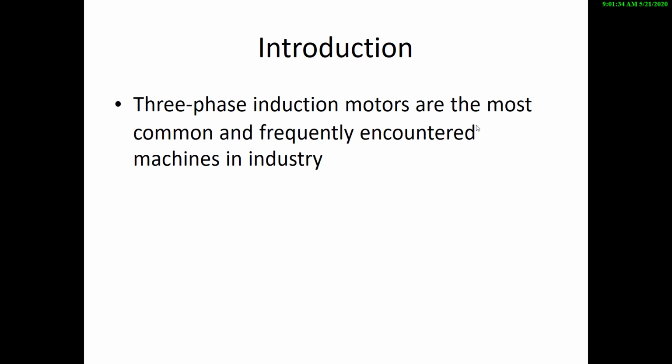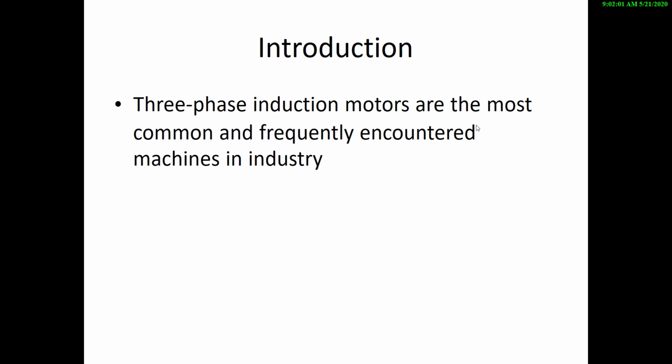Induction motors are the most common and frequently encountered machines in industry. In general, a motor has the principle that the conversion of electric power into mechanical power takes place in a rotating part of the electric motor. In a DC motor, electric power is conducted directly to the armature. Hence, in this sense, a DC motor can be called a conduction motor.